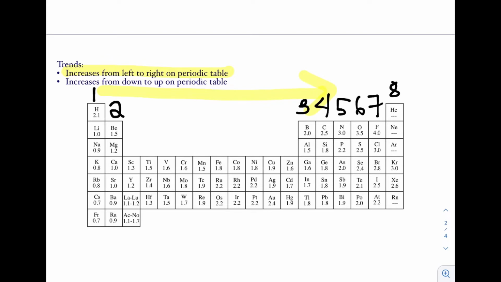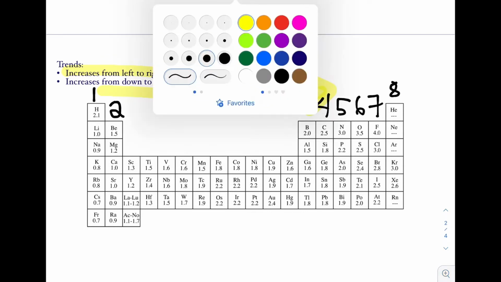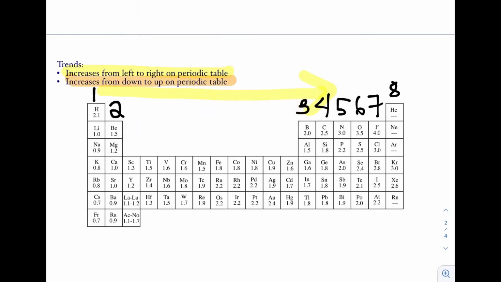As you go down the rows on the periodic table, the atomic radius will increase, because you just keep adding shells. The first row has 1 shell, the second row has 2 shells, the third row has 3 shells, and etc. So for each row, the atomic radius will keep increasing.